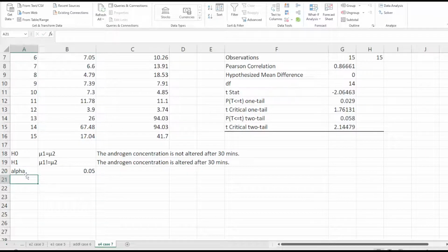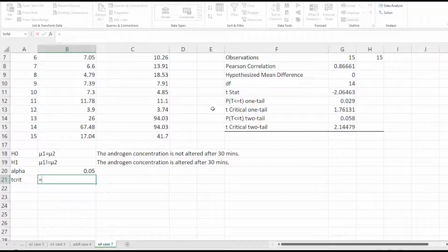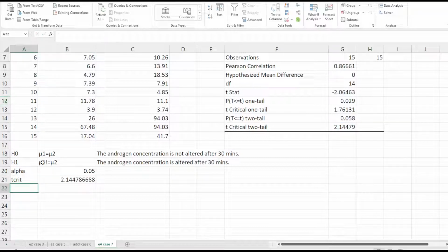Now, we go to this is a t test, no? So t value yung ano natin, test statistic. So we go t crit is equal to, this is the t crit here. T crit is this is a two-tailed test. So ito yung gagamitin natin, yung t critical two-tailed. Oh, that's our t crit.